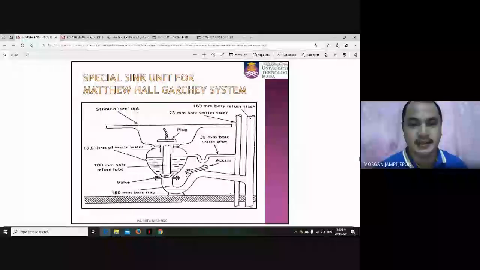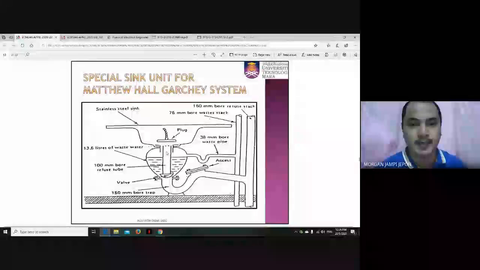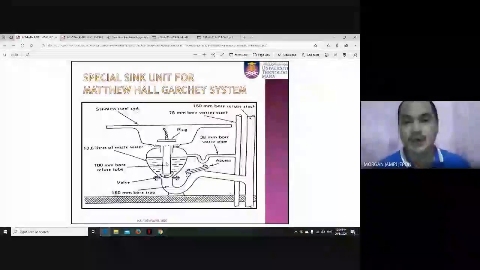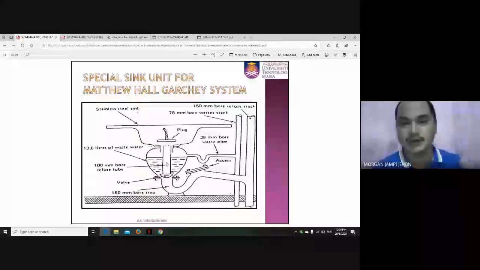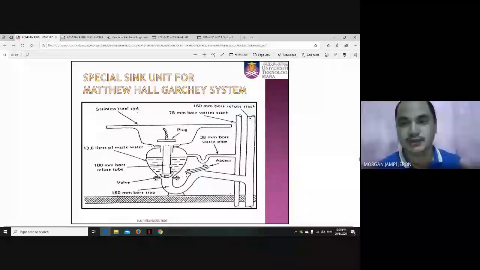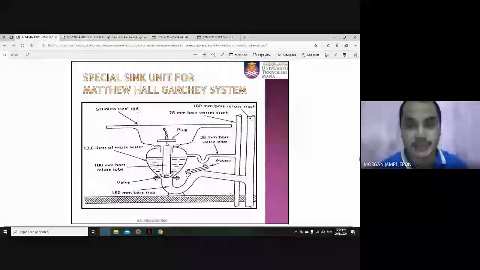It has a plug here. If we pull this plug, then we may place our rubbish, and definitely the kind of rubbish that we can dispose through this system is soft rubbish, not hard rubbish like wood, stone, and plastic. Otherwise, it will be blocked inside this piping system. In other words, we can only dispose of organic rubbish.